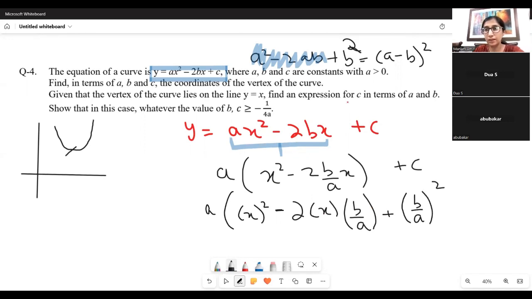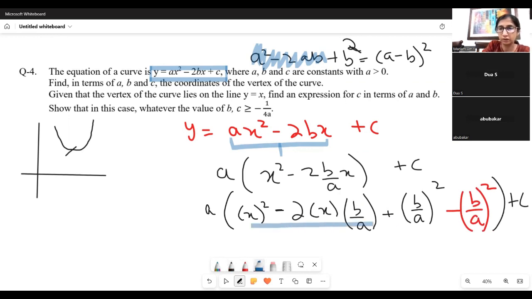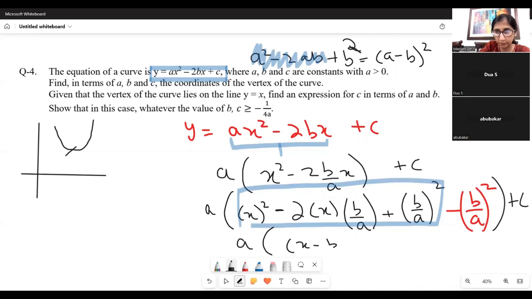Now this is something I added to this expression. That was not there, so we will subtract b by a square. So what I've added, I need to subtract as well. And then we close the brackets and then we add c to it. Now these 3 combined will give a plus b whole square. So I'm writing a bracket and then x minus b by a whole square.